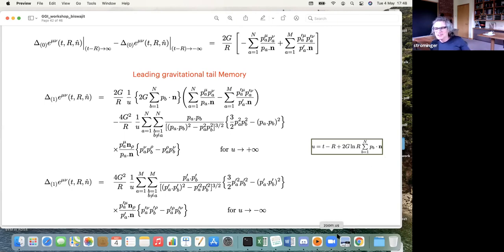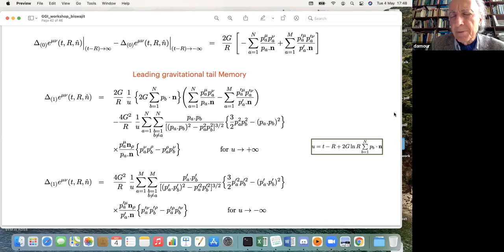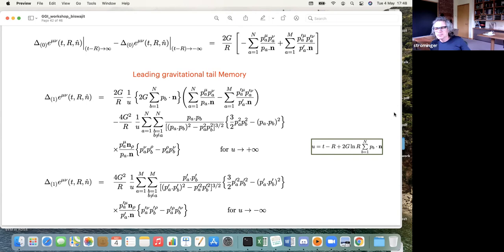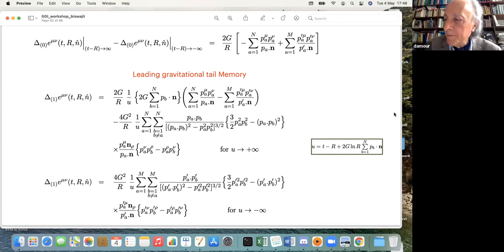Okay, so you mean the 1/u tail here? Yes, actually you were in Cargès at the time when Ashok first presented this in 2018.